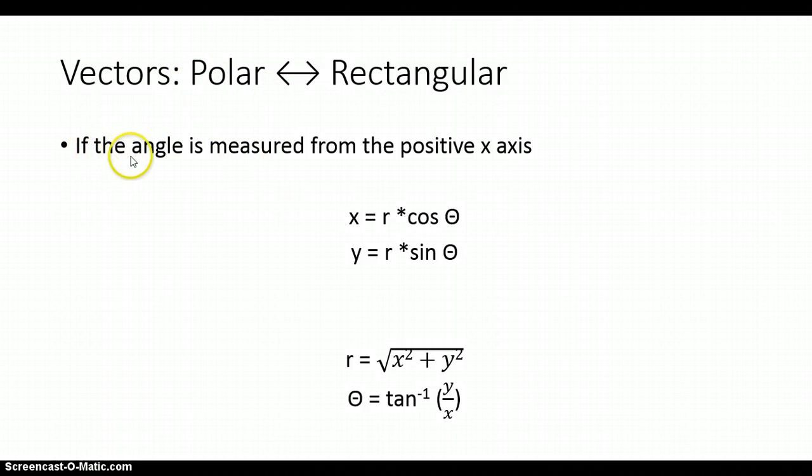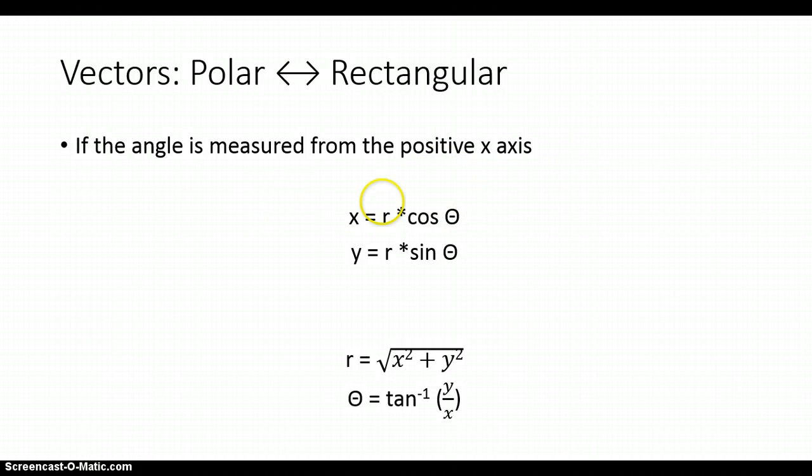If the angle of the vector is measured from the positive x-axis, and we want to go from the polar form to the rectangular form, we take the cosine of that angle and multiply it by r, the magnitude, in order to get the x component of the vector in the rectangular form.